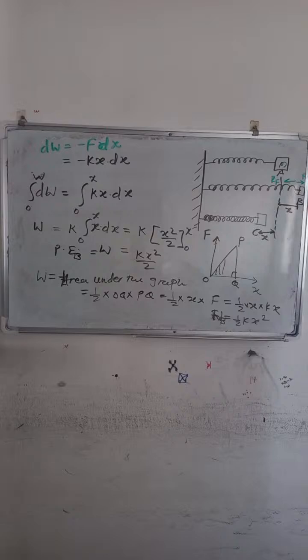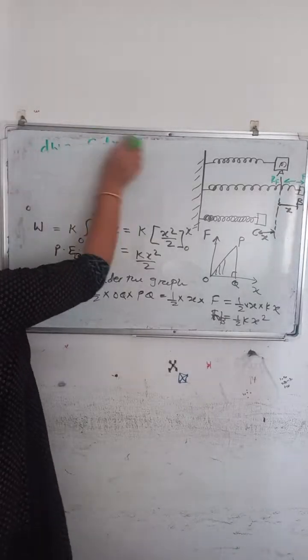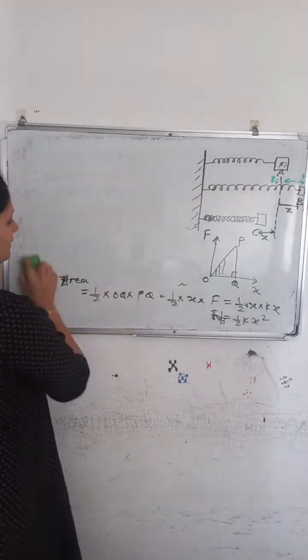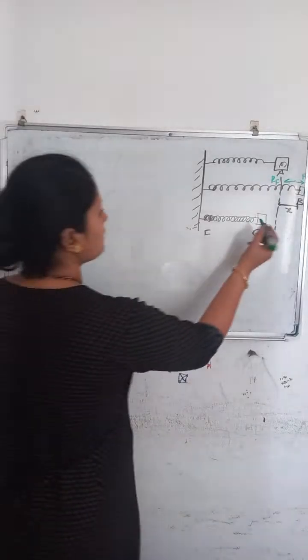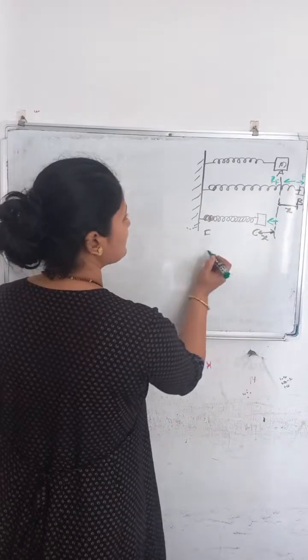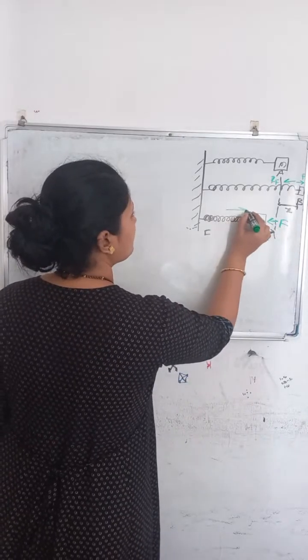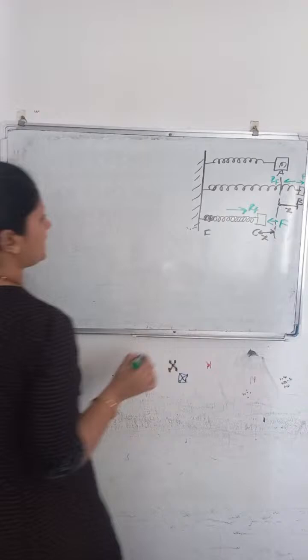Okay, now at point C what will happen? Check. Okay, again I will show you here. When we take this block and whenever we are applying force on this block, my force application is in this direction, and now restoring force is acting in the opposite direction.